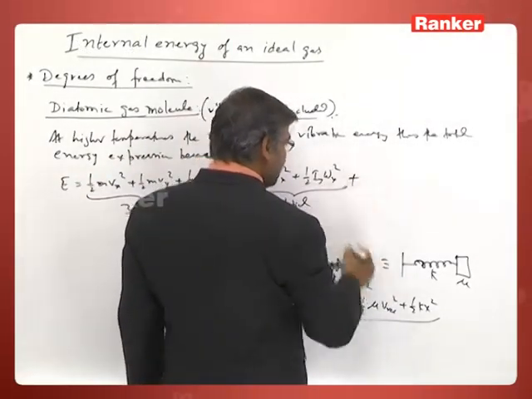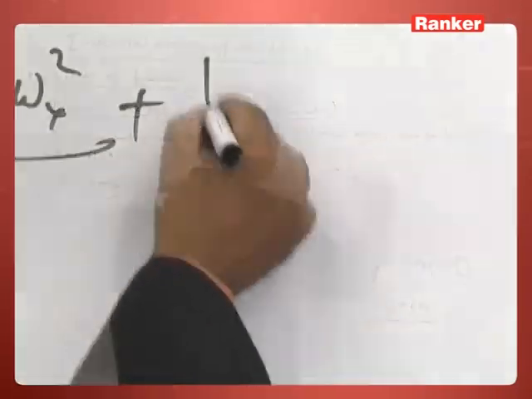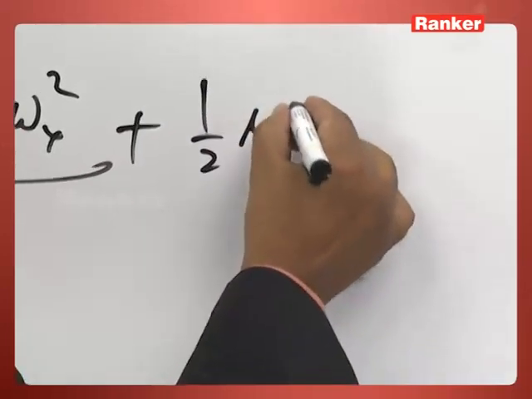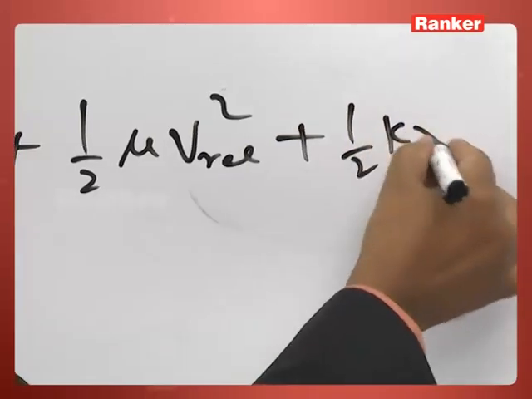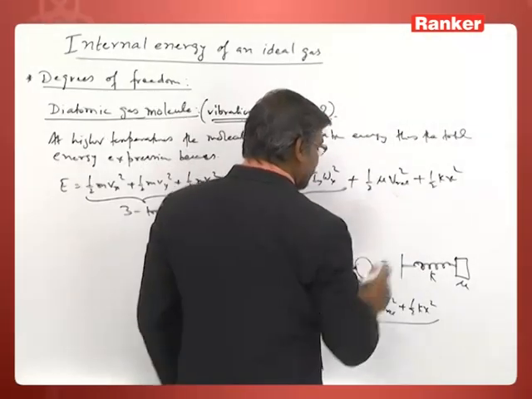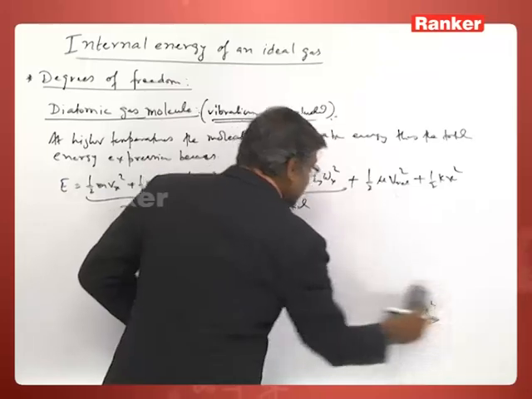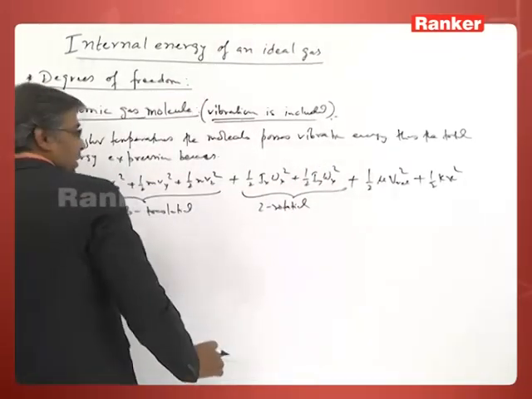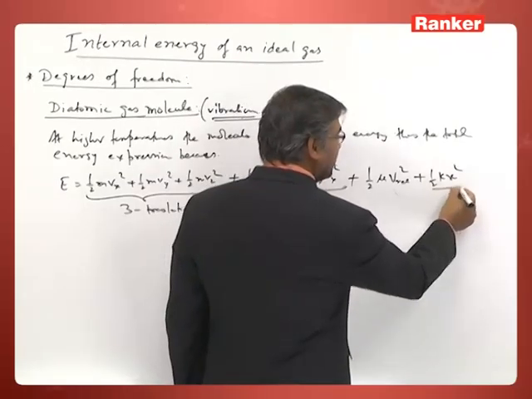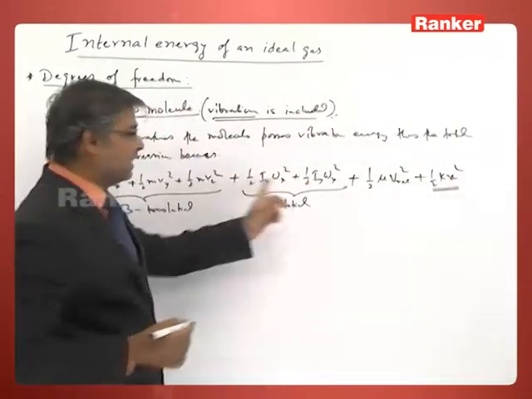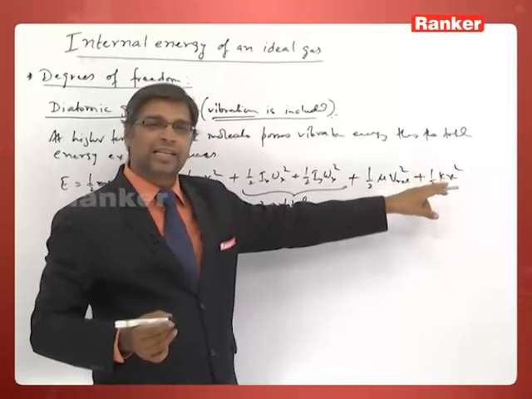So, the total energy due to vibration will be half mu v relative whole square plus half k x square. You see, this term is not a kinetic energy term. All the other terms are kinetic energy, but this is a potential energy term.